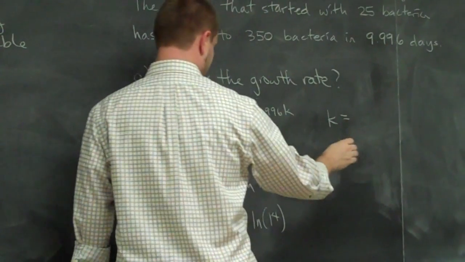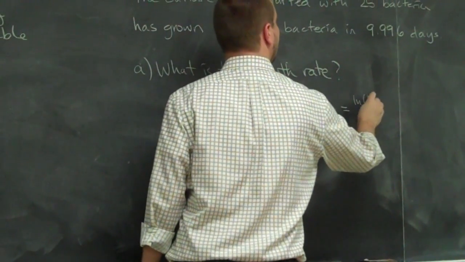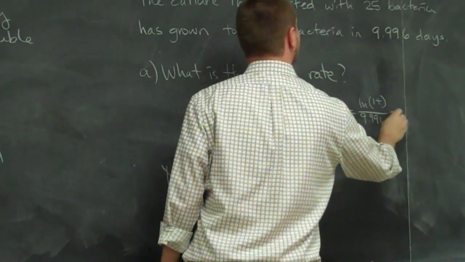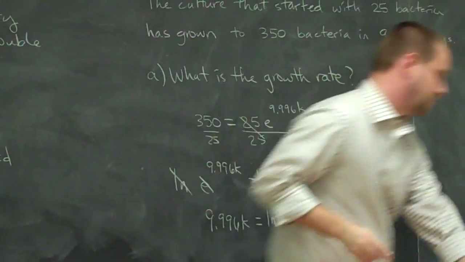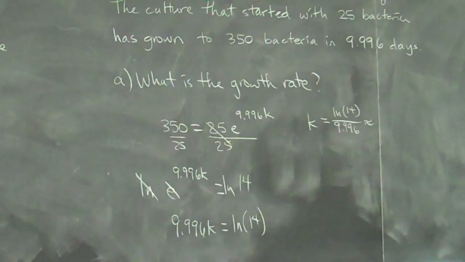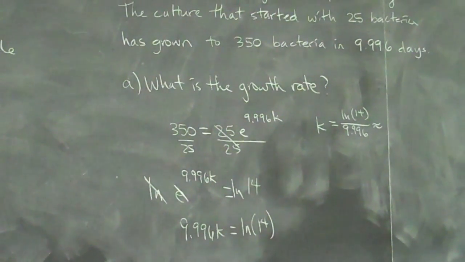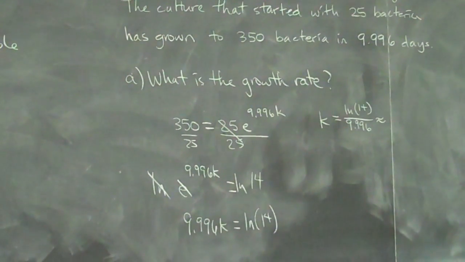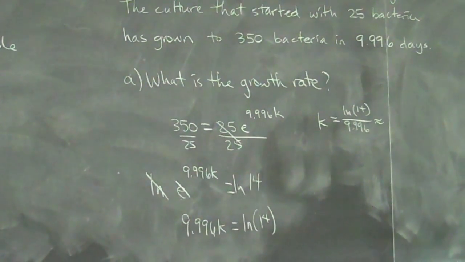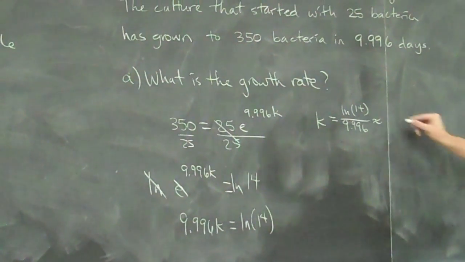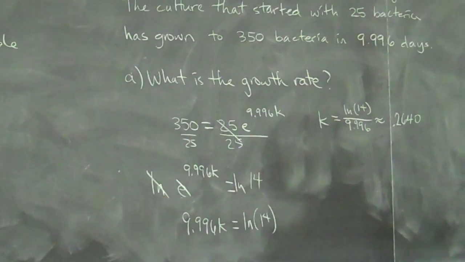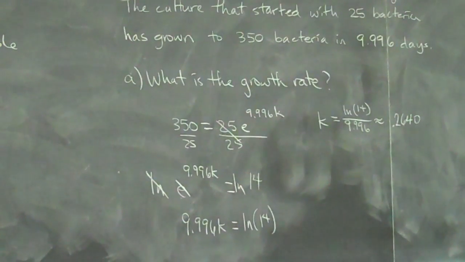So k equals the natural log of 14 divided by 9.996, which works out to be that much.